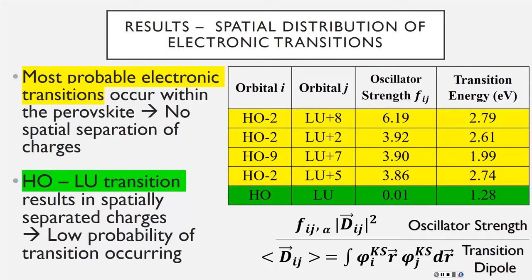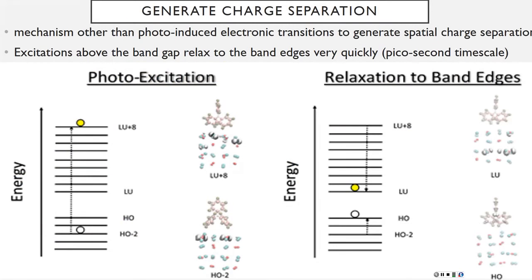So to summarize that, the most probable photo-induced electronic transitions occur within the perovskite, and they don't produce charge separation. While the transitions that do result in spatially separated charges have a very low probability of occurring. So we have to consider a different method to get spatially separated charges. So on the left, this shows the photoexcitation from the HOMO-2 state, which leaves a hole, to the LUMO+8 state where the electron would reside.